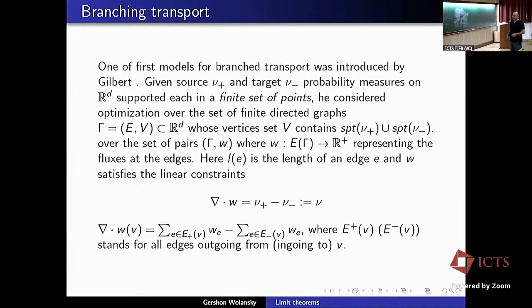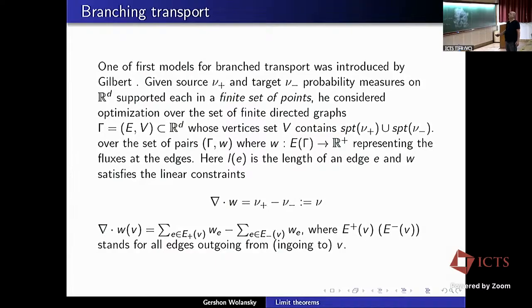What does it mean, the divergence of W on the graph? Divergence on the graph is defined as a function from the edges to the vertices. So if W is a function which is defined on the edges of the graph, the divergence of W at a given vertex is just the sum of all values of W in the incoming edges attached to this vertex minus the sum of the W for the outcoming edges.